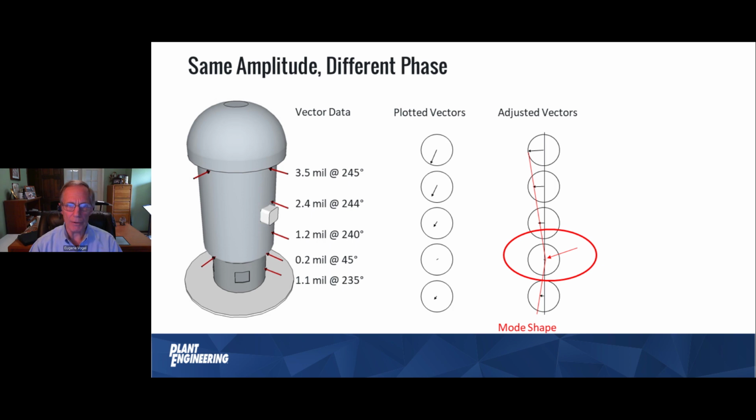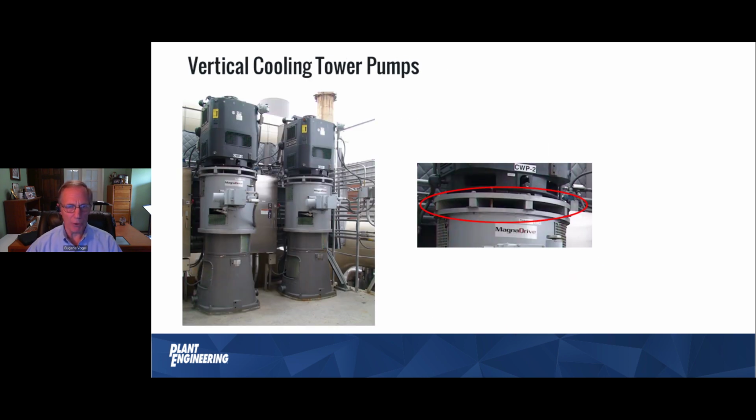Here's an example, a real example. The vertical pump's just something similar to the one I had pictured, but this plate right here has a natural frequency below the pump's maximum operating speed. And if you see that magnet drive, that's a variable speed drive.